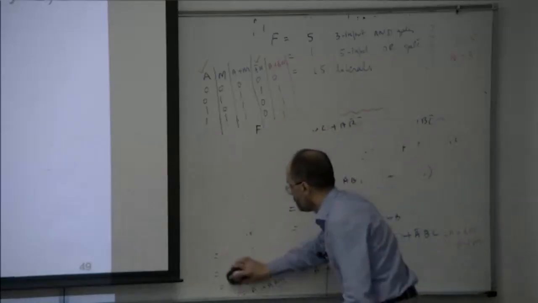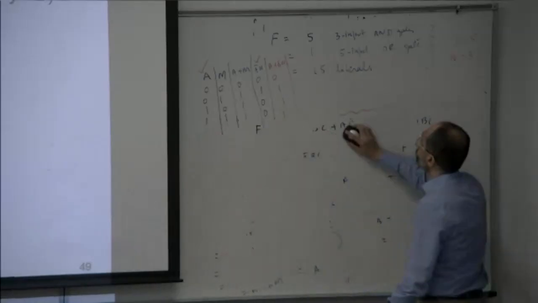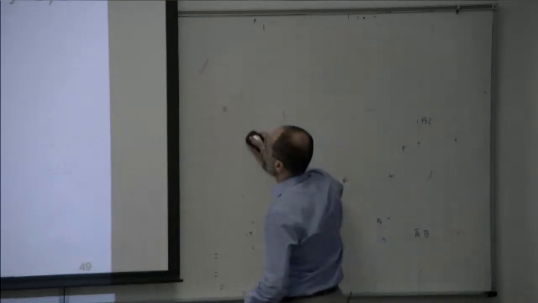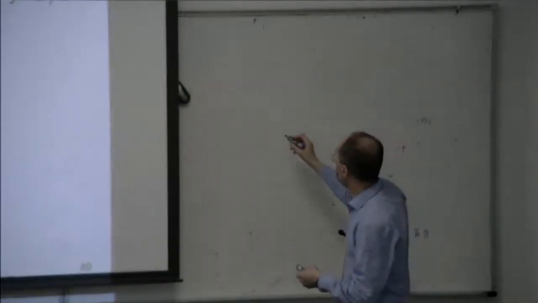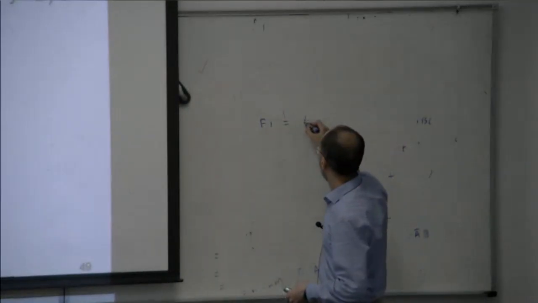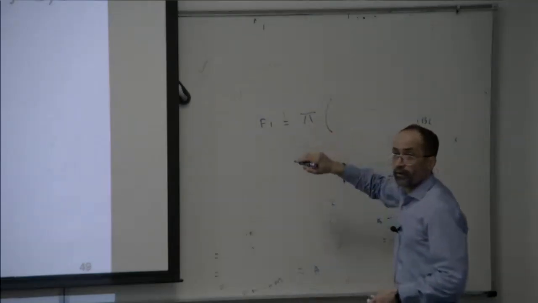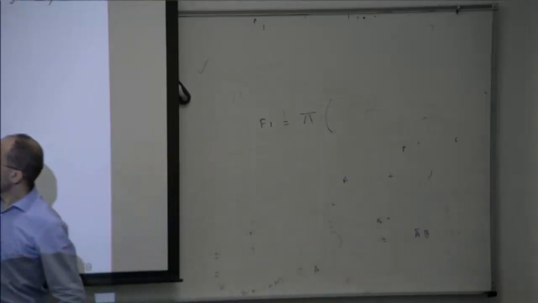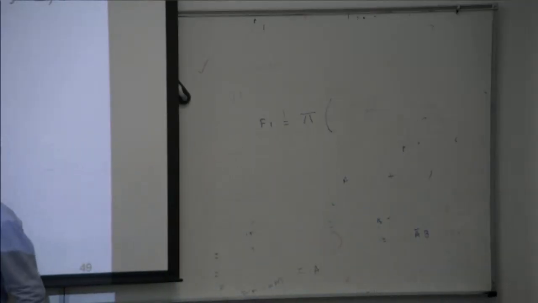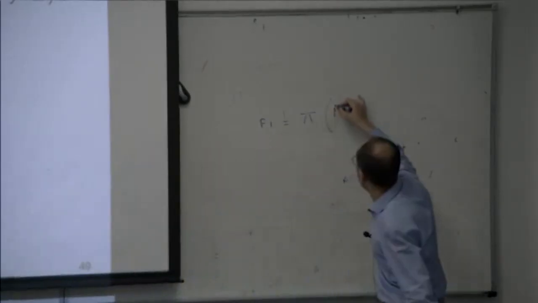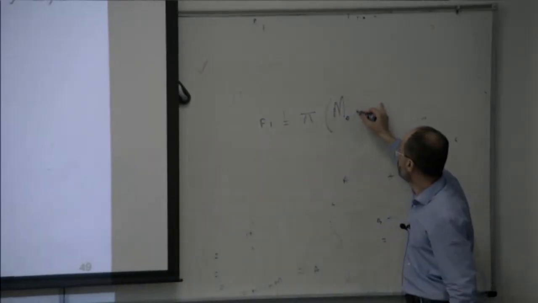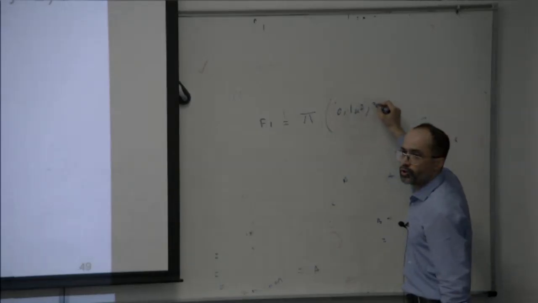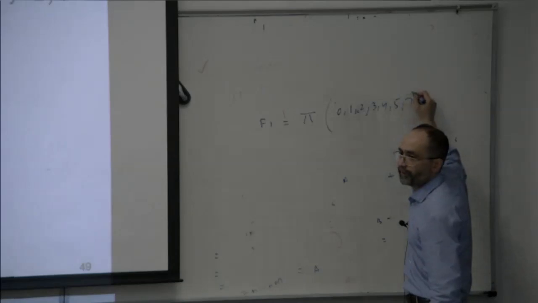So can you say what F1 is now? The product of what? All the max terms except 6. So it is actually capital M, not small. M0, you cannot write it directly. 0, 1, 2, 3, 4, 5, 7.